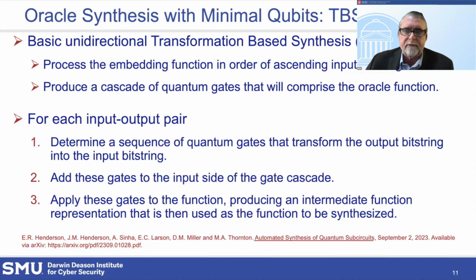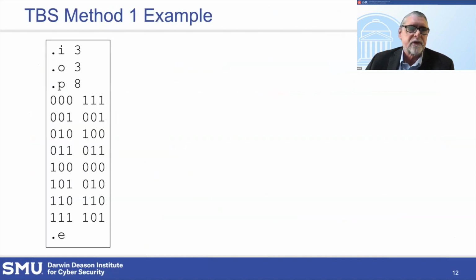graphical example of this. So let's assume that this is our input truth table in the PLA form that we wish to synthesize into an oracle. And by the way, this is the embedding function. So it's already been converted to a bijection in this case.